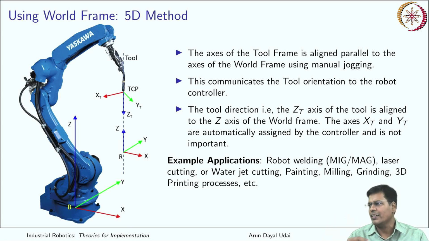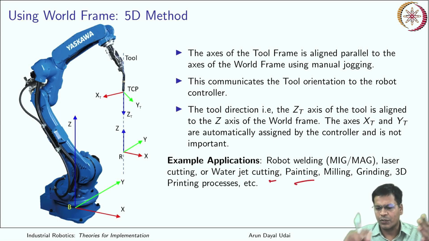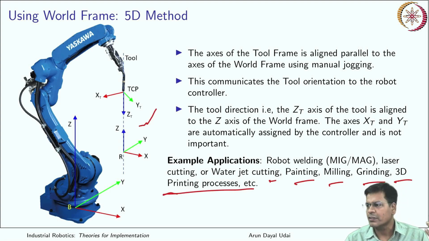Same with laser cutting. Rotation along the axis of the laser line is irrelevant. It will cut along the same path, same direction, same position. Again, water jet cutting or painting also: you rotate your tool, the paint spray will go in a similar manner. Milling, grinding, 3D printing. All these operations can use this kind of calibration.